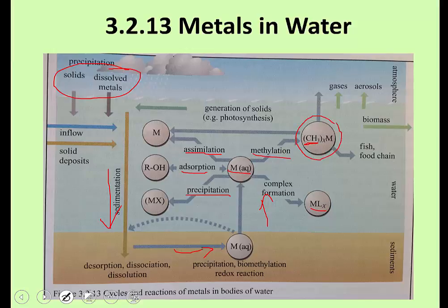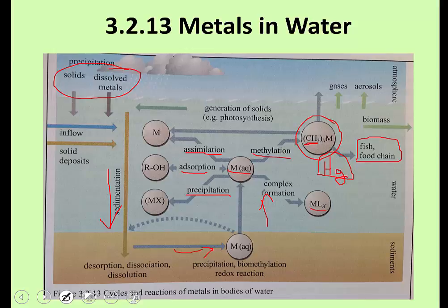about right here is the methylated compounds, because these then tend to get taken up by our aquatic species, like fish. They enter the food chain. So if you're not sure what we mean when we talk about methylation, you're probably familiar with one in particular, methylated mercury. So when they talk about the mercury that's in tuna and other fish, it's not mercury in terms of the pure metal.